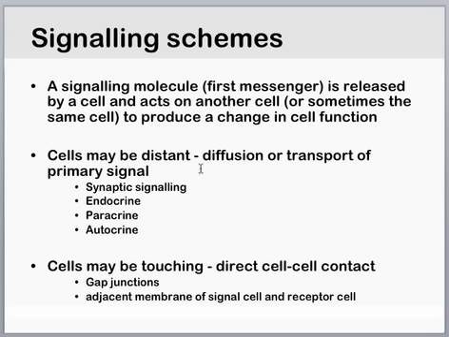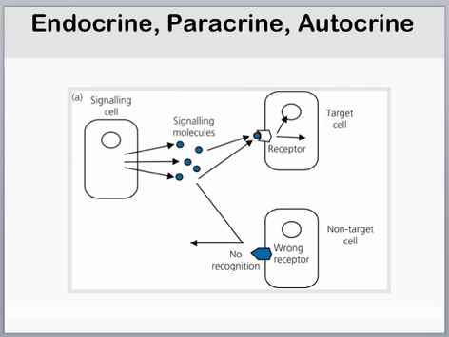The cells may not be touching each other. They may be distant or close, but they're not in physical contact with each other. Or the cells may be in physical contact with each other, and the signaling mechanism is reliant on the fact that they're close in space. So let's quickly look at these two categories.